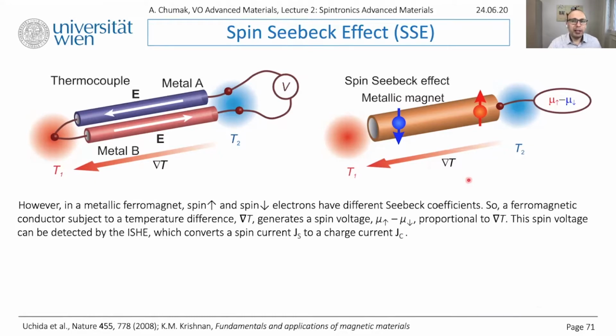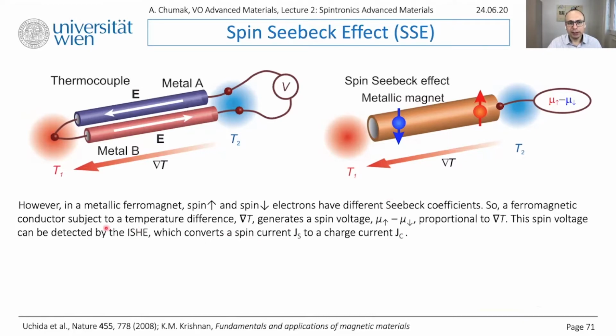Yeah, and the main idea behind it is very simple: like here we have different Seebeck coefficients in the thermocouple, with different metals, here we just have a different Seebeck coefficient for electrons with spin up and for electrons with spin down. And then we will get a kind of thermocouple effect, but instead of charge current, we will have a spin polarized current.